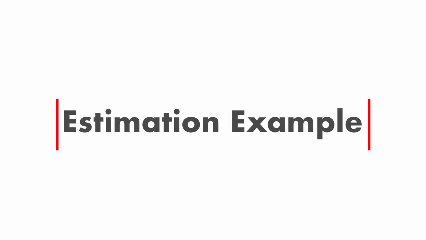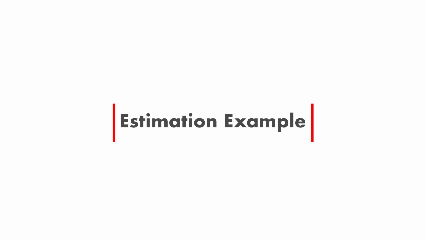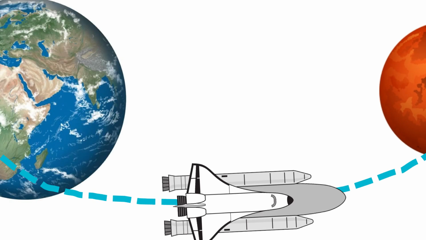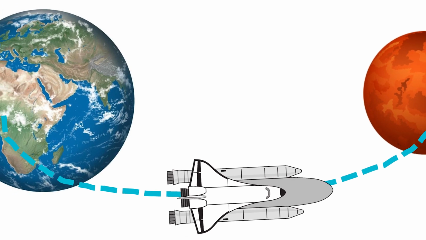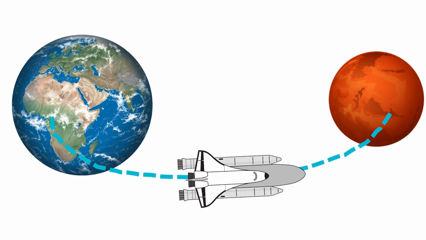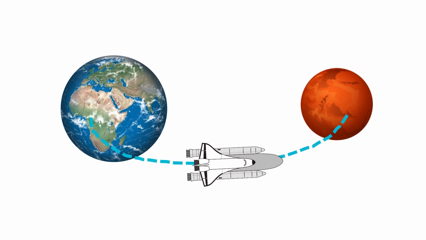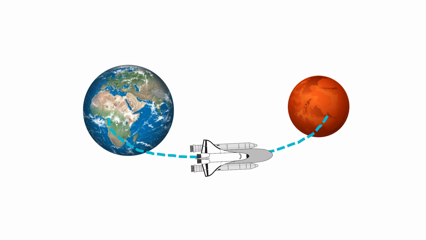But sometimes we need to establish an unknown parameter based on related parameters. I'll give you an example. Imagine that you are on Earth and you want to go to Mars on a rocket. And you need to know, for example, the internal temperature of the combustion chamber.